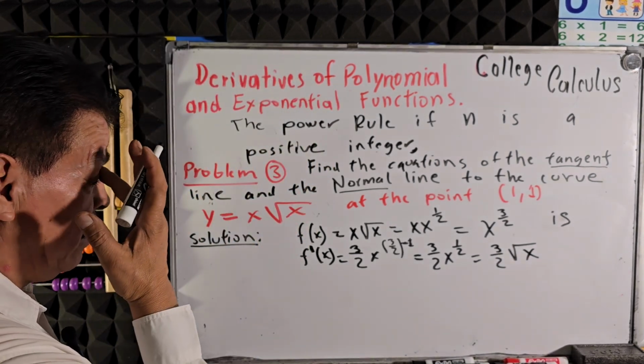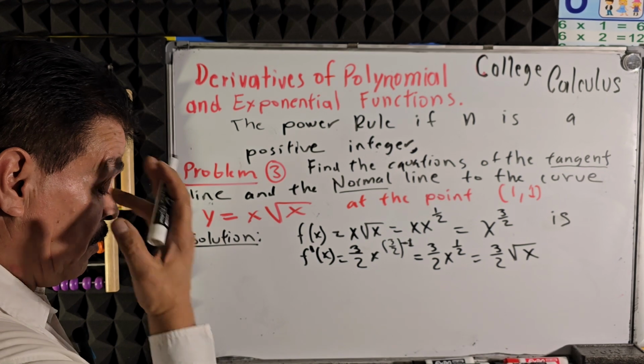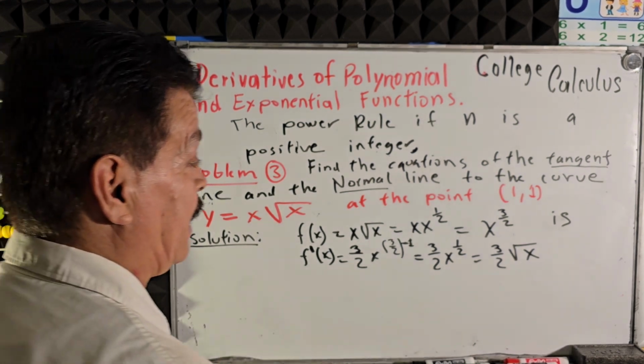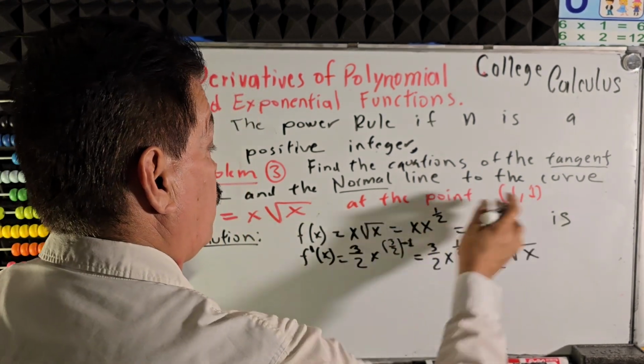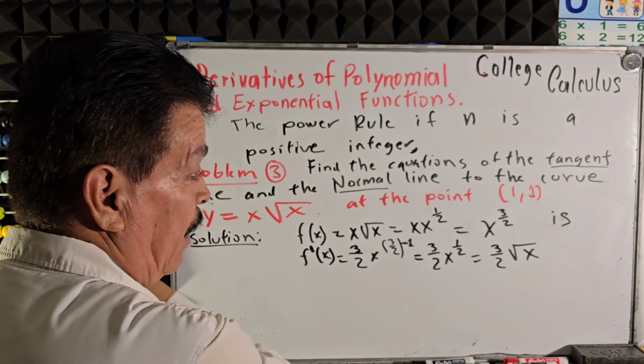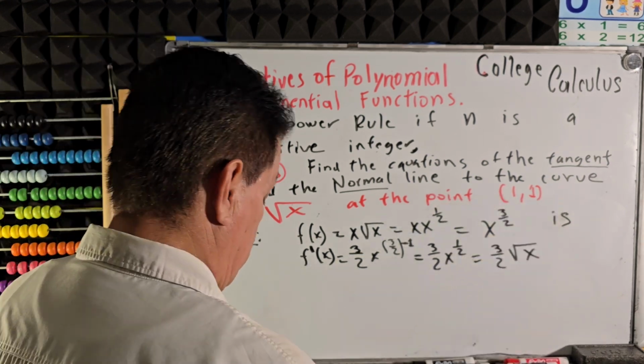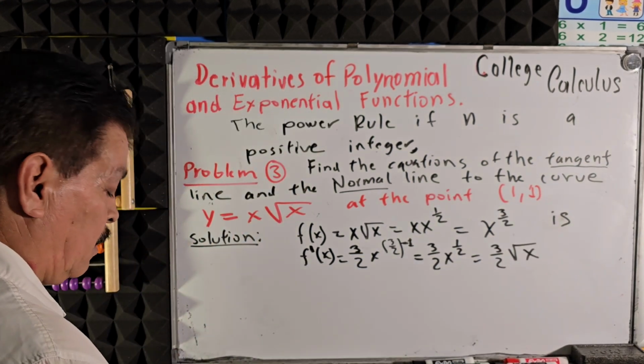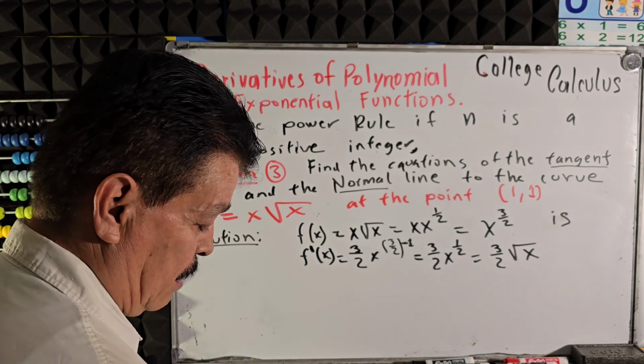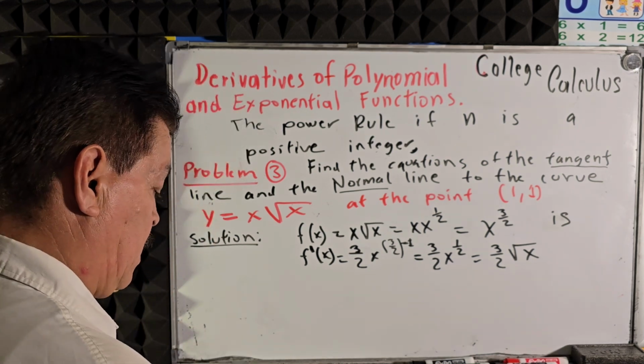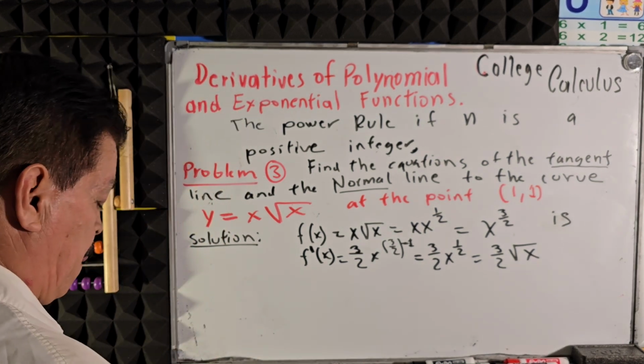So the slope in this problem, the slope of the tangent at 1,1, let's write it here.